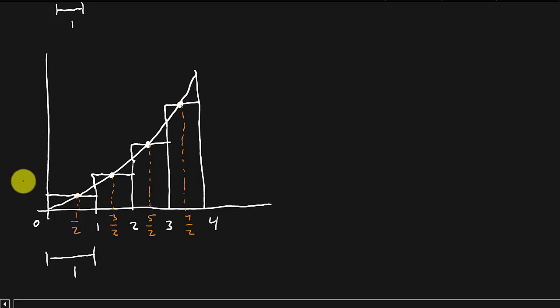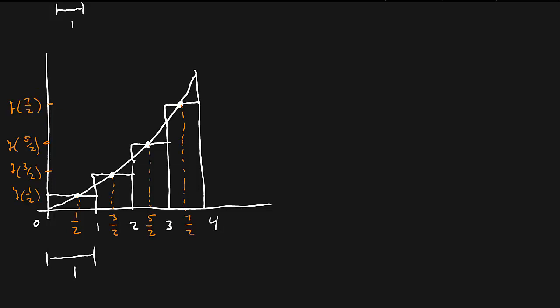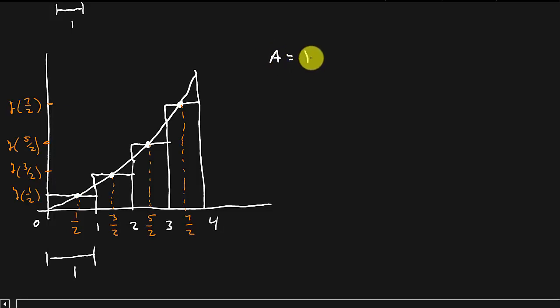So we know the heights now. That's going to be y of 1/2. This height is going to be y of 3/2. This height is going to be y of 5/2, and this height is going to be y of 7/2. So our area is going to be 1, which is the width, and then I'm going to sum up the heights.